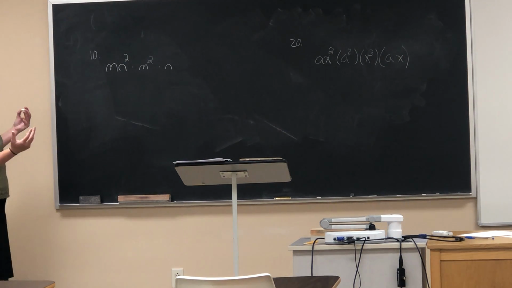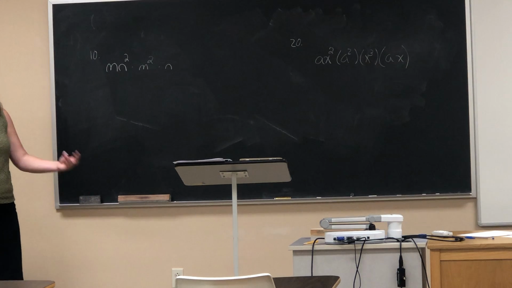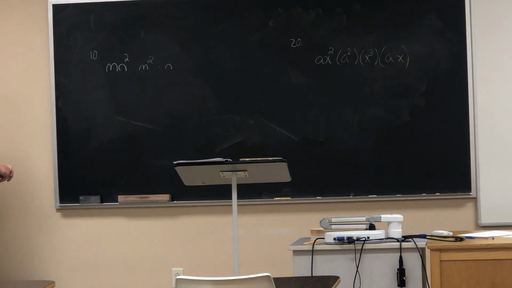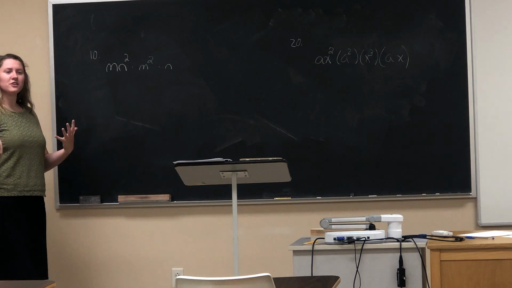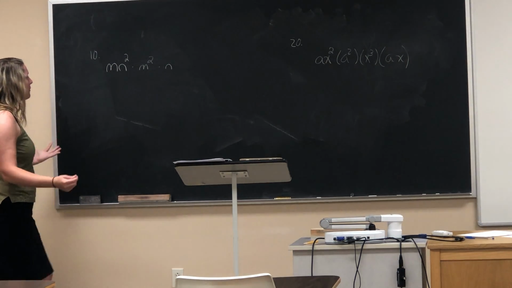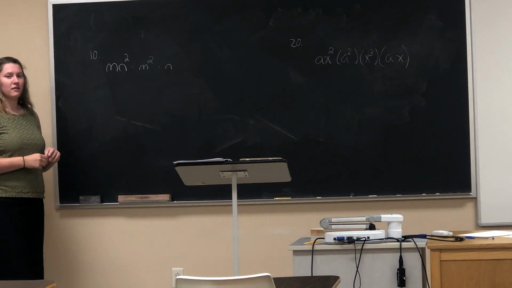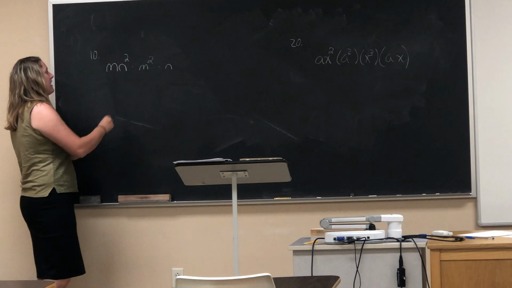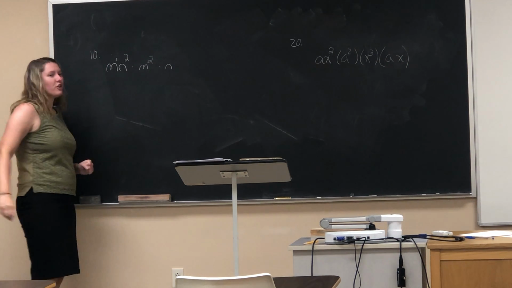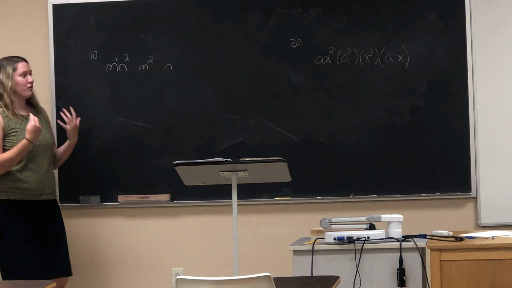So we have M's and we have N's. It's too bad that we don't have any M&M's, but we just have M's and N's. So let's look here, and we're going to go with our M's first, because we like to keep things alphabetical order. How many M's are we going to have, class? What is our exponent going to be on our M's? 3. 3, because this is what, class? 1. Understood 1. When it doesn't have anything, we understand it to be to the first power.